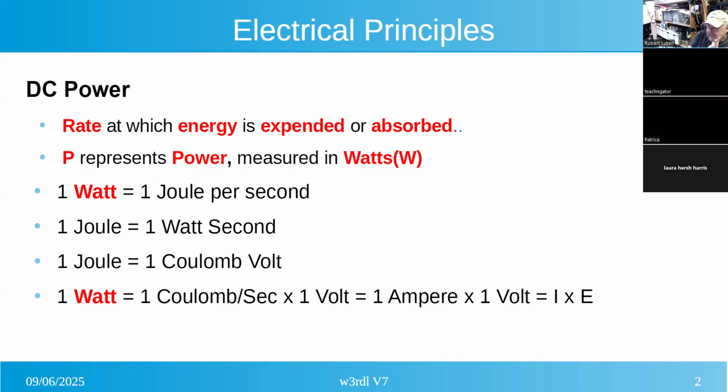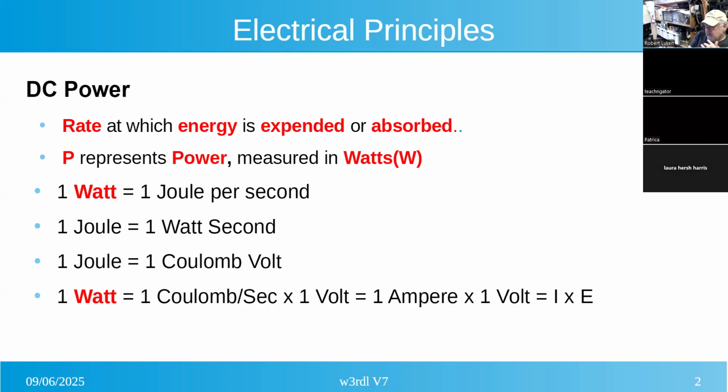So a watt of power is equal to 1 joule per second. Joule is one of those measurements in the CGS system, I guess it is. It's equal to 1 watt second, in other words, 1 watt of power for 1 second.